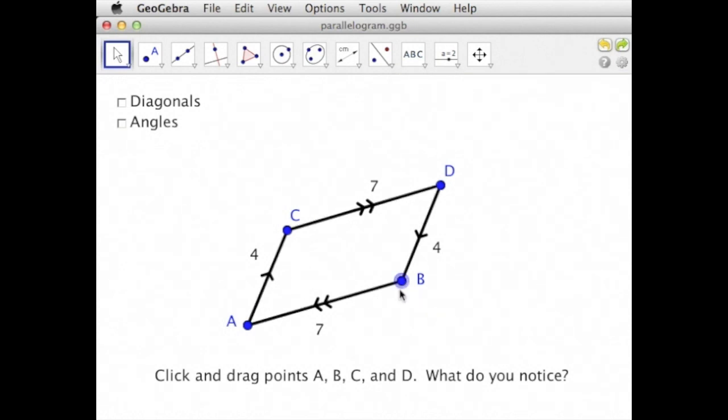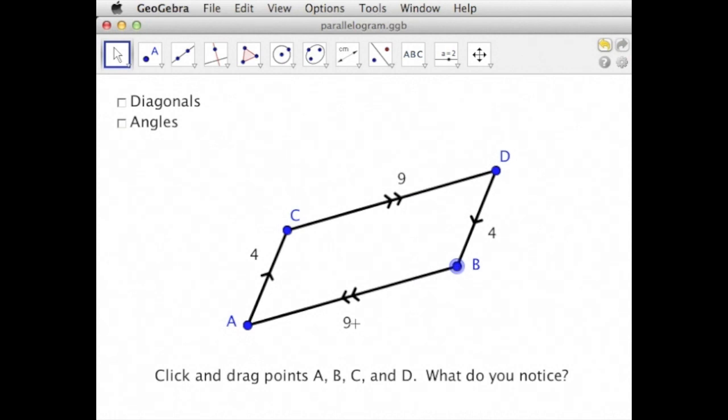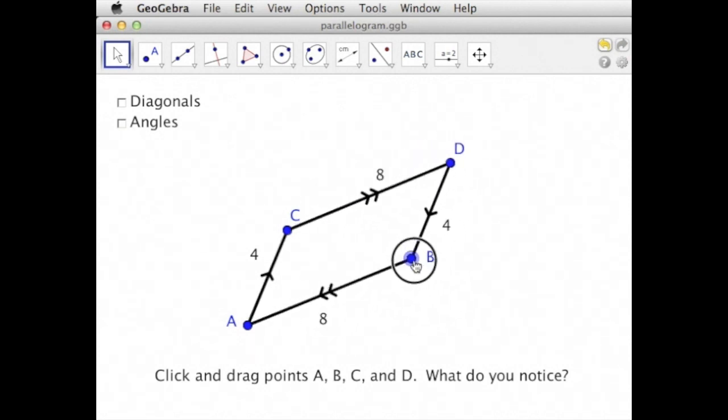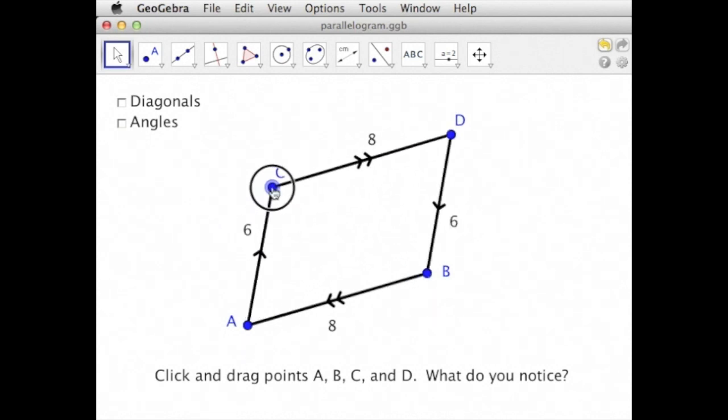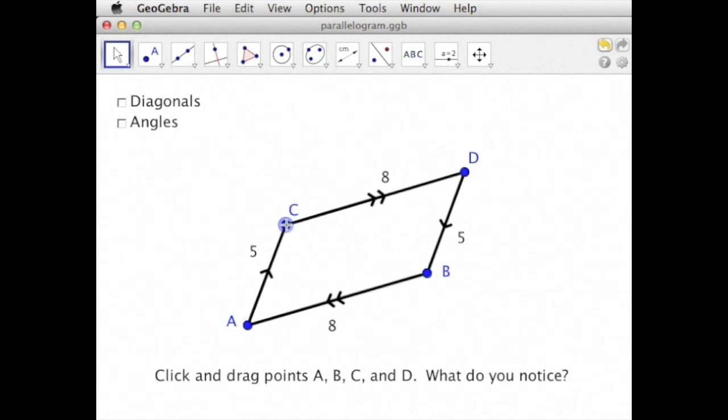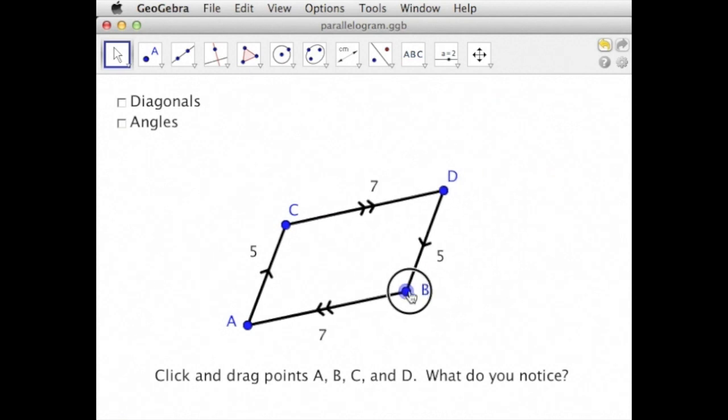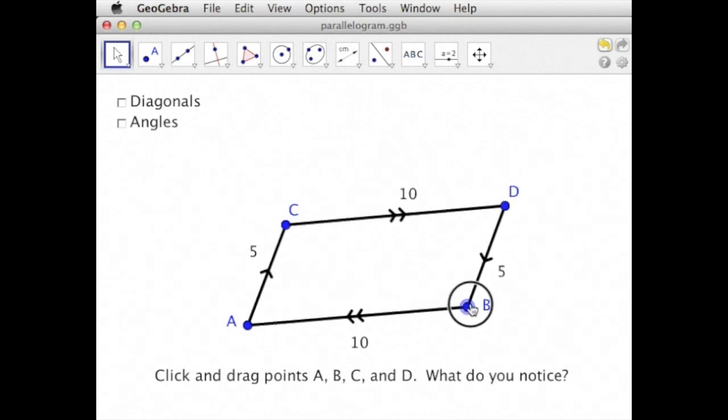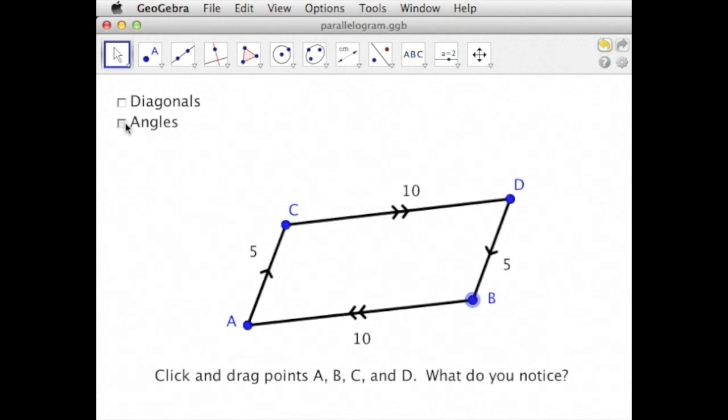But if you drag the points B and C and A, you'll notice that these side lengths, 9 and 9, the opposite sides are always congruent. Likewise, if we change around the other sides, the opposite sides are always equal to each other. Next, take a look at the opposite angles, 62 and 62, opposite angles are congruent, 118, 118.